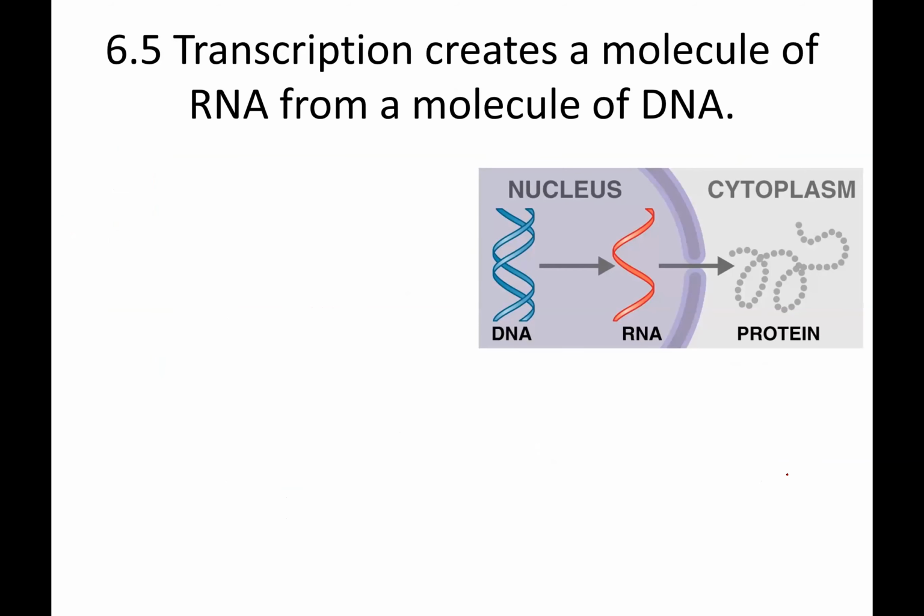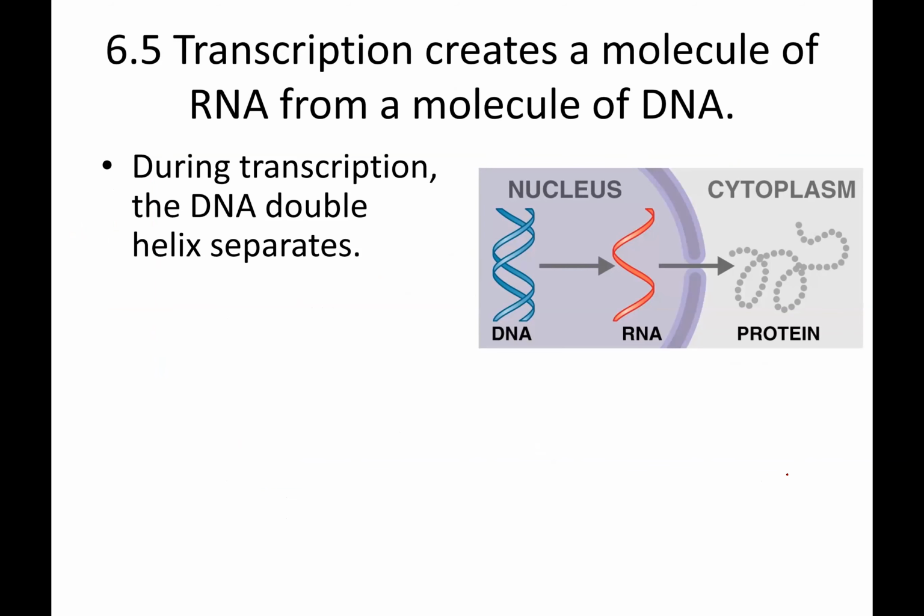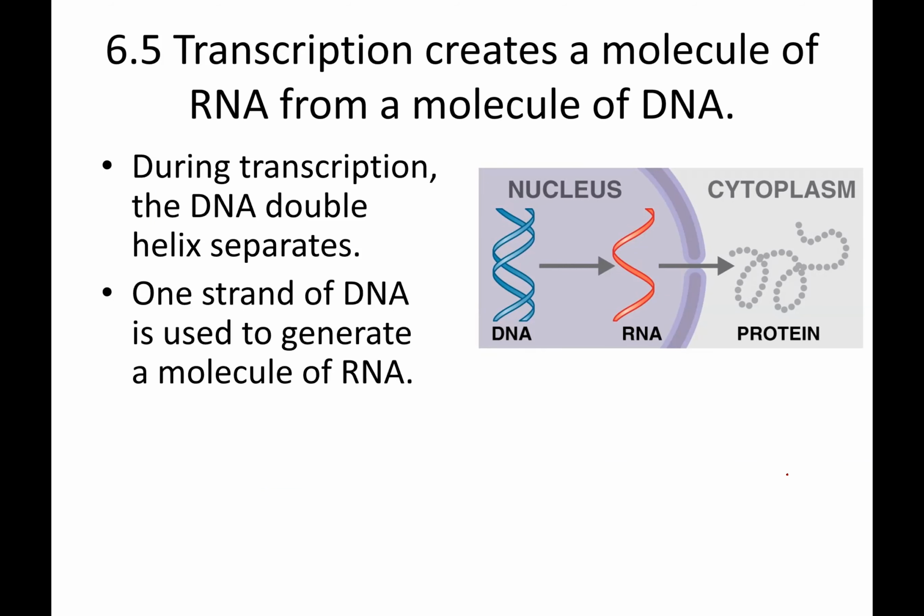So in transcription, we're moving back to transcription again real quick, you are making an RNA molecule from DNA. What happens during transcription is that the DNA molecule has to unzip to show those complementary base pairs. One strand of the DNA that's unzipped is used to make a molecule of RNA, and you're substituting uracil for thymine while you're doing that.